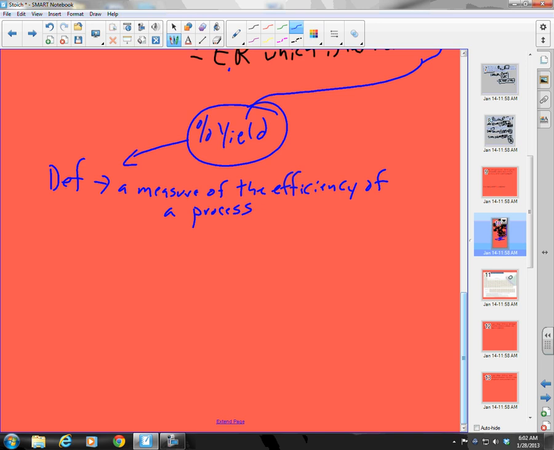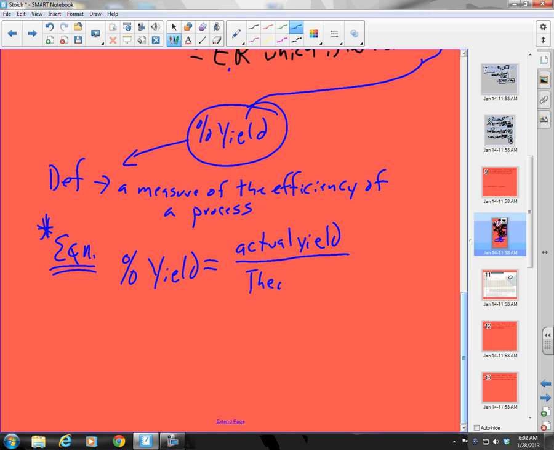Now, is this definition really helpful for us? No, this is not so helpful. What's more important to us here is the equation. The equation for percentage yield is what I really want you to know. The definition, I really don't care, but it's always helpful to start with the definition. So what is the percentage yield? The percentage yield is equal to the actual yield divided by the theoretical yield, times 100.